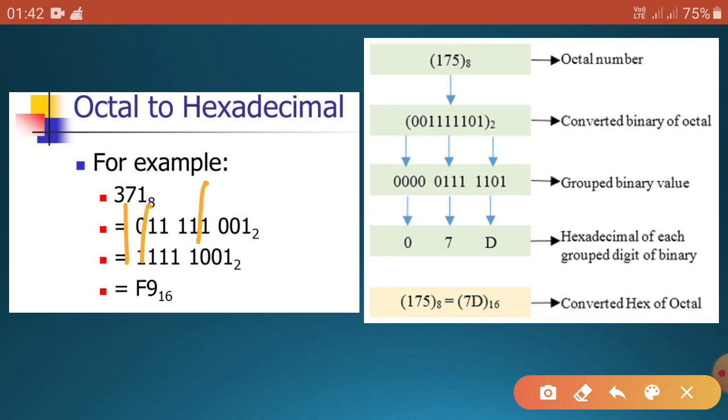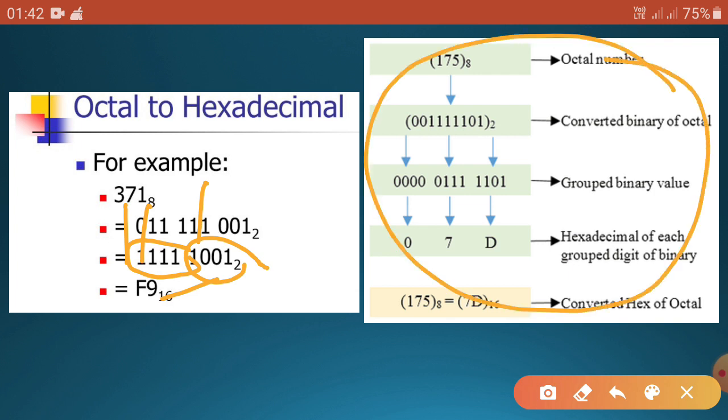So 1111 means 15 in hexadecimal, which gives us capital F, and 1001 gives us 9 in hexadecimal. So it gives us F9 in the hexadecimal number system. You can watch this example also. Look at it very carefully and try to understand.